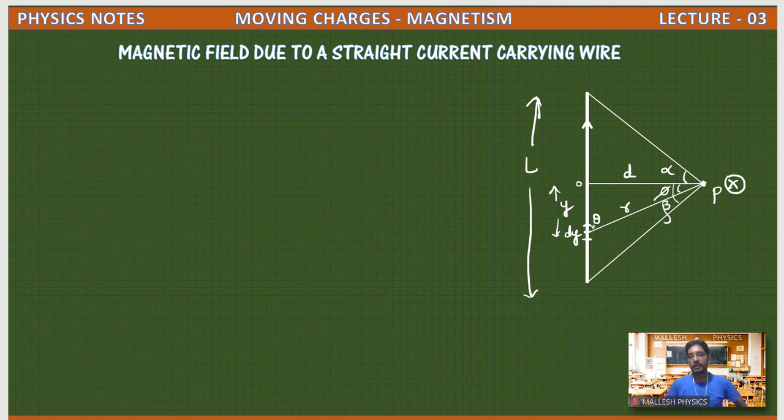On this current carrying wire, we are considering a small element dy, which is at a distance r from the point, and this distance makes an angle theta with the element dy. This element is at a distance y from the point O. We first calculate dB, and then integrate between the limits from minus beta to alpha.